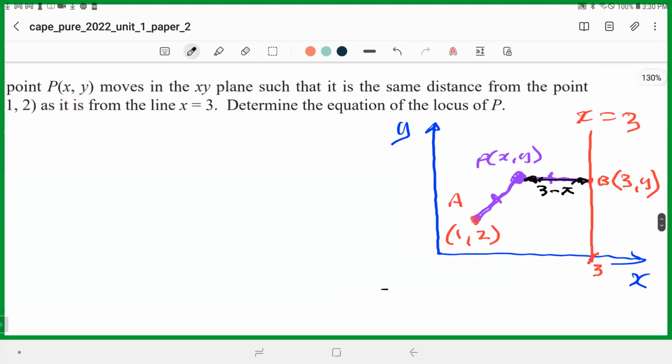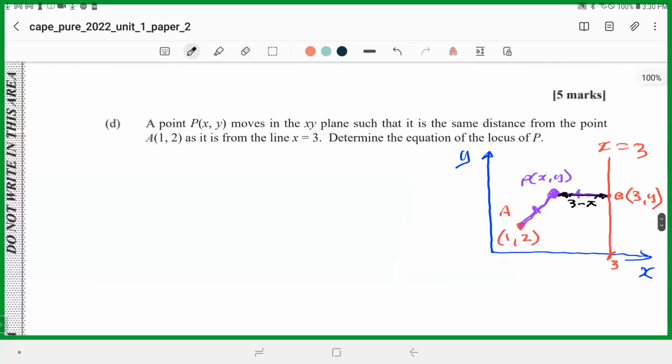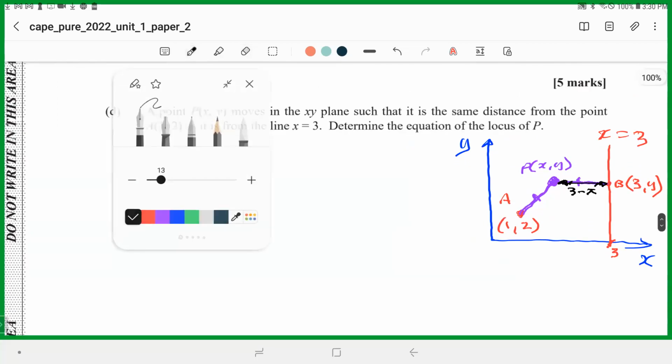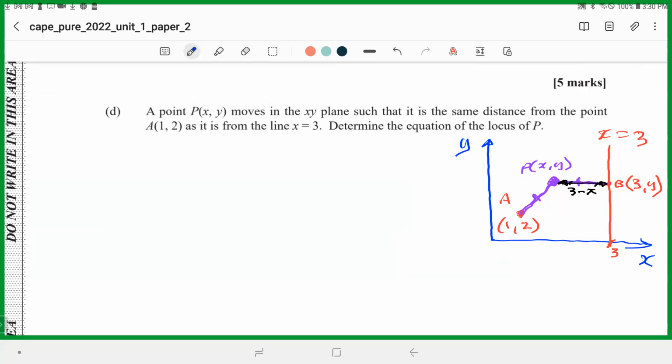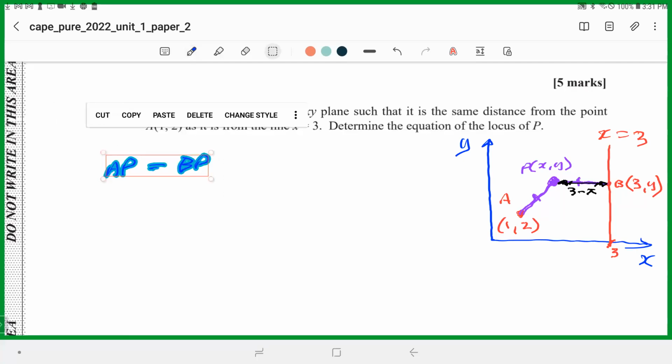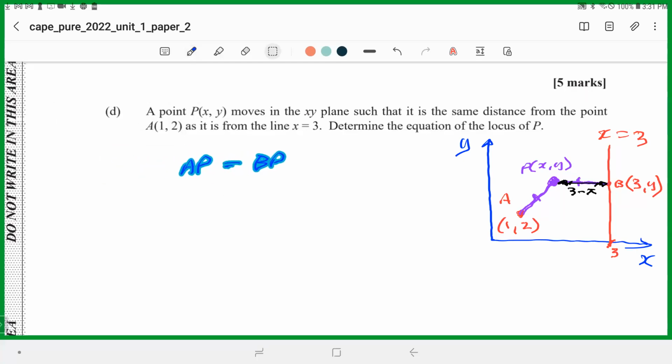So we're going to say AP equals BP to proceed. Let's use the blue. AP equals BP. If you want, you can square it so you don't have to put the square root. What is AP? This length.